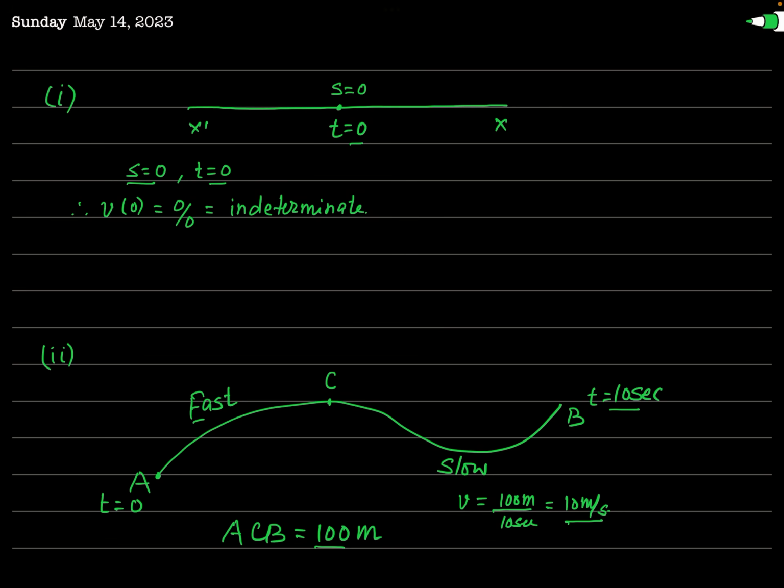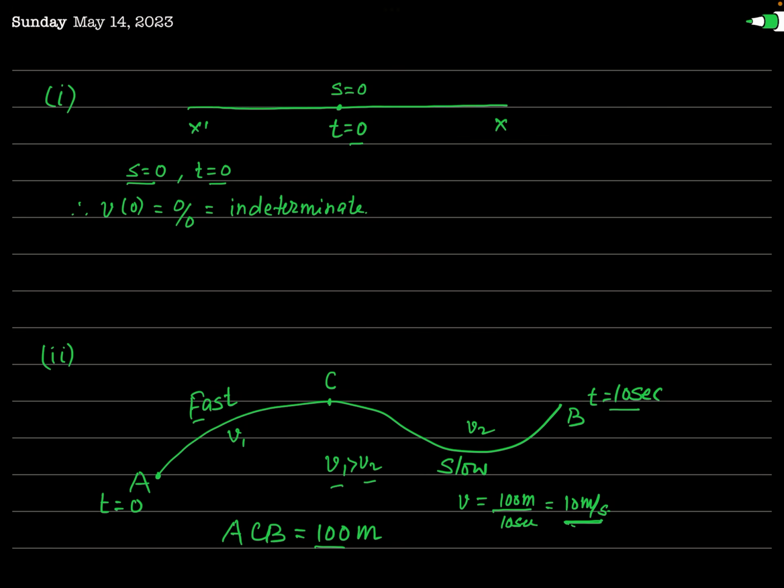But you have assumed that during the motion between A and C, the speed was, let us say, v1, and between C and B it was v2, and in accordance with our assumption, v1 is greater than v2. Then this unique value of speed does not correspond to v1 and v2 both.